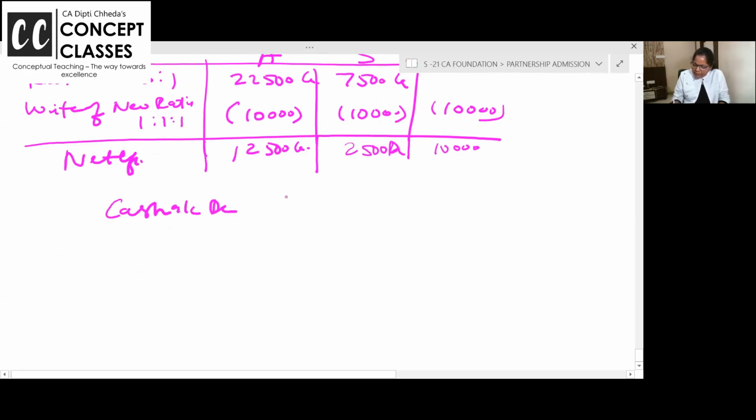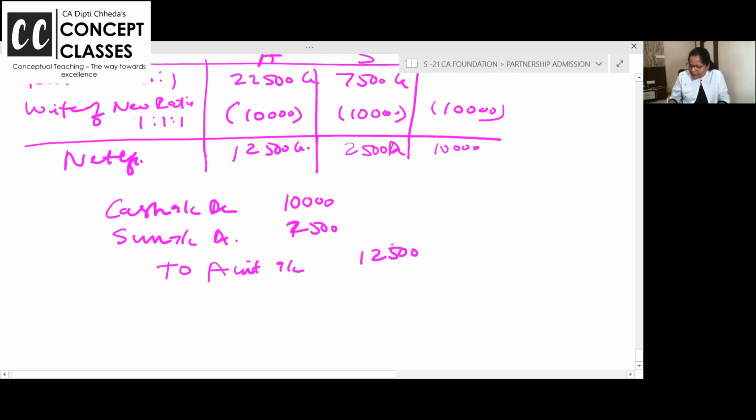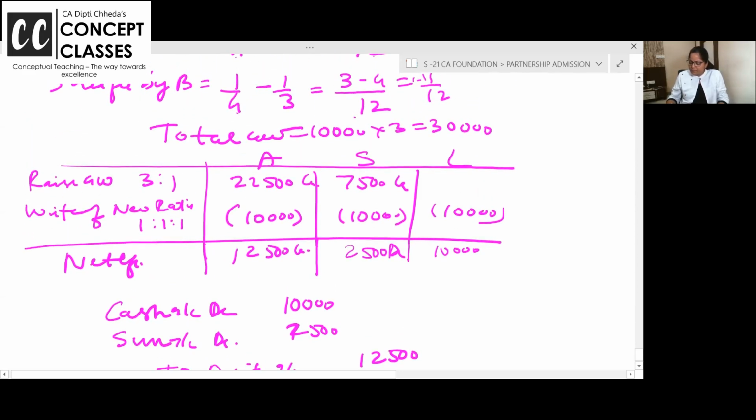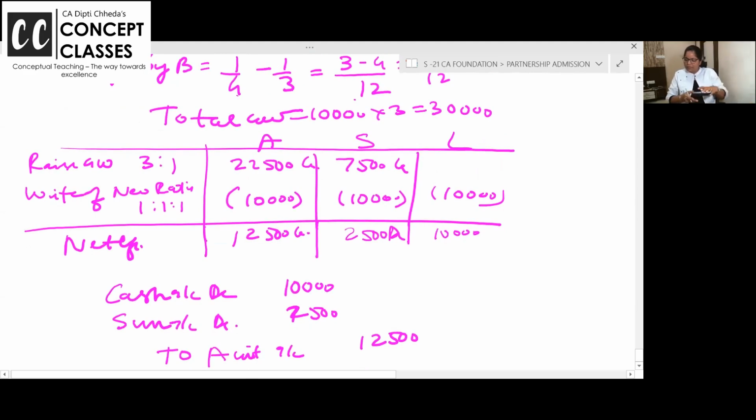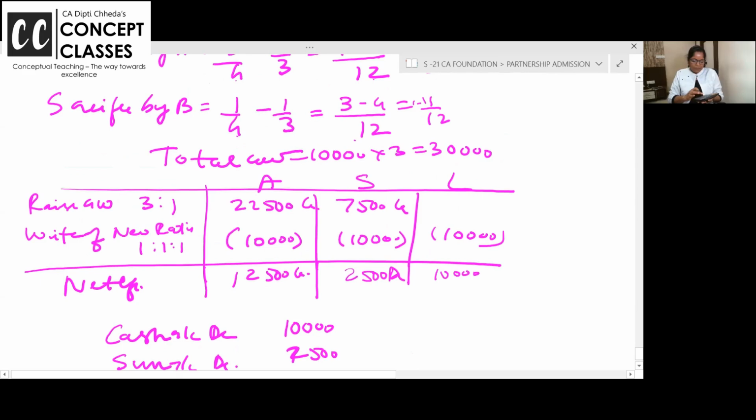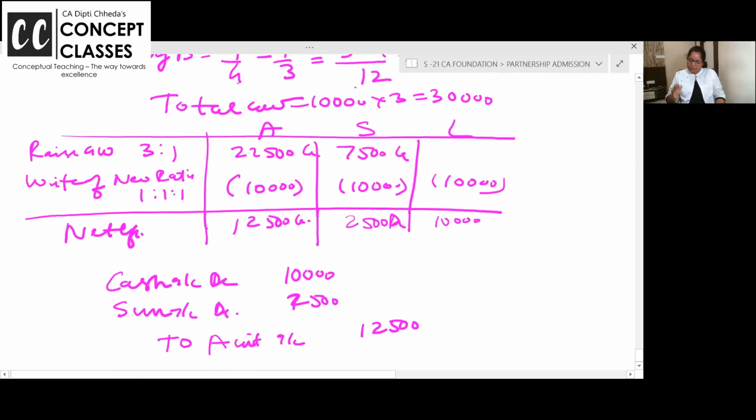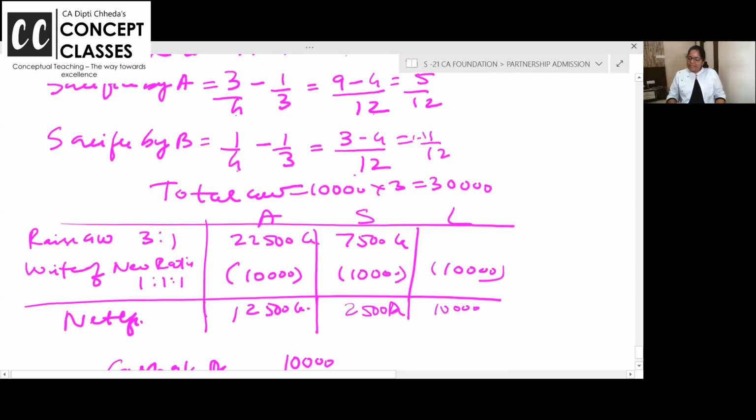Cash account debit 10,000, Sumit account debit 2,500, to Amit account 12,500, because he is sacrificing, he is gaining.